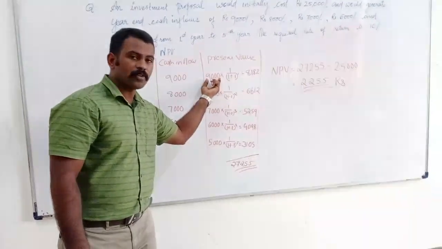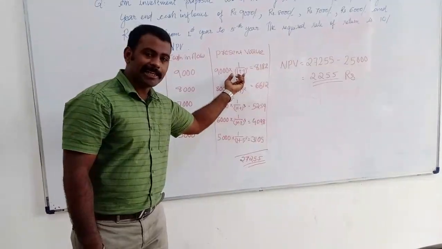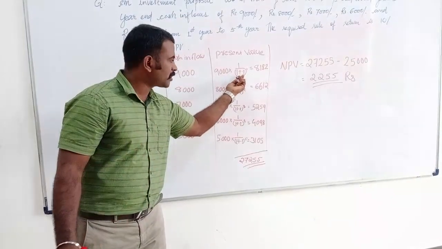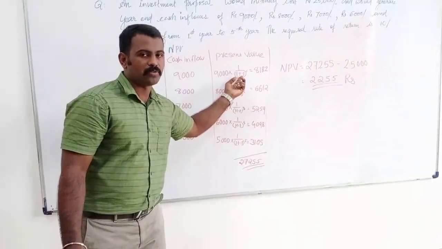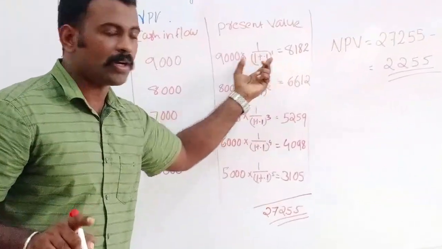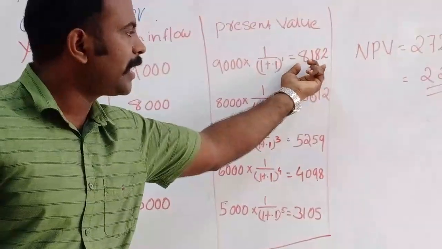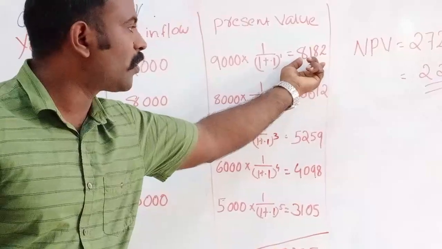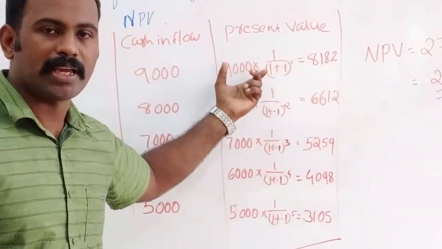Here the first cash inflow is 9,000, R is 10%, so we can denote it as 0.1, and n here is 1, the first year. So I found the calculation here, 8,182. We got the present value of the first year cash flow.